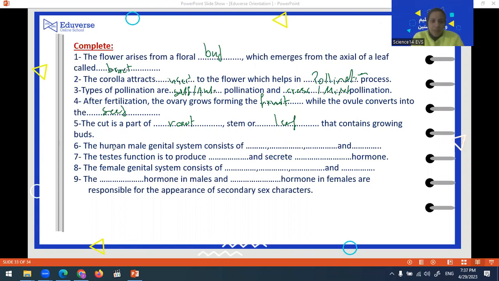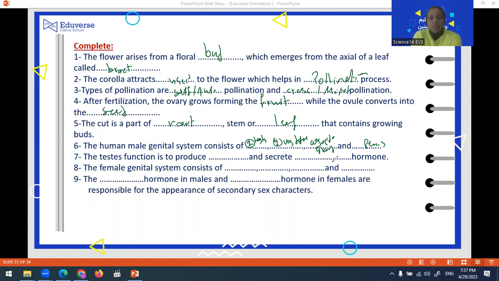Type. The human male genital system consists of 4 main parts. As we said, first, the 2 testes, the 2 vas deferens, and we have the associated glands, and finally we can find the penis. Type. The testis function is to produce what?